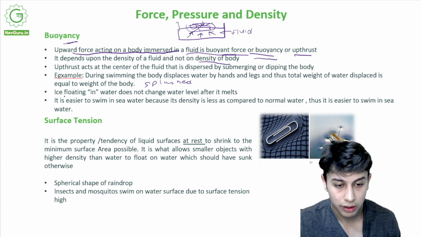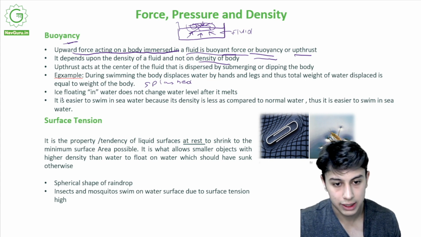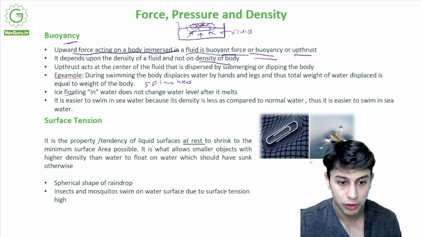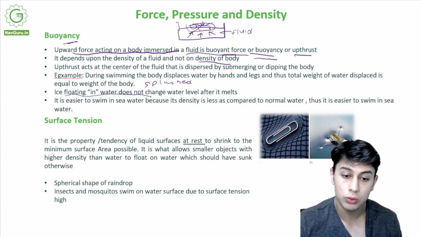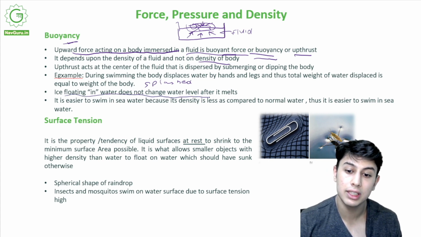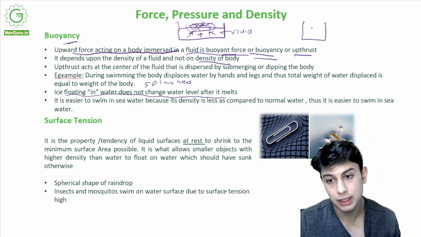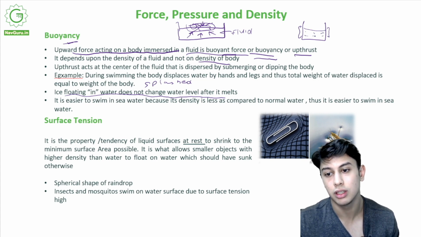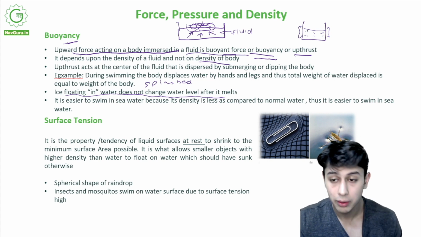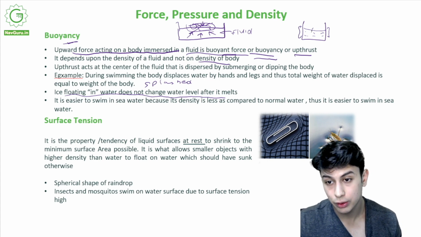So for example, consider ice floating in water. Does the water level change after the ice has melted? No, and I'm not talking about the condensation that forms water droplets on the outside surface of the glass. I'm talking about ice that was inside the glass, with water at a certain level.